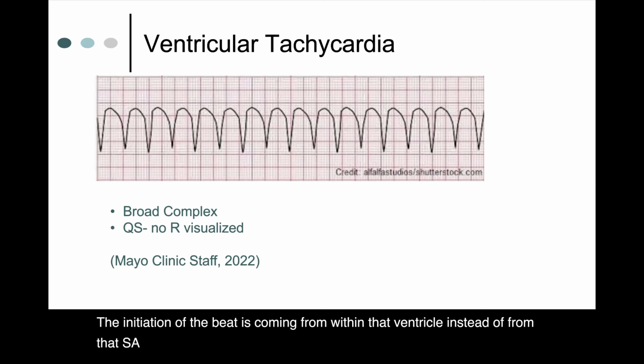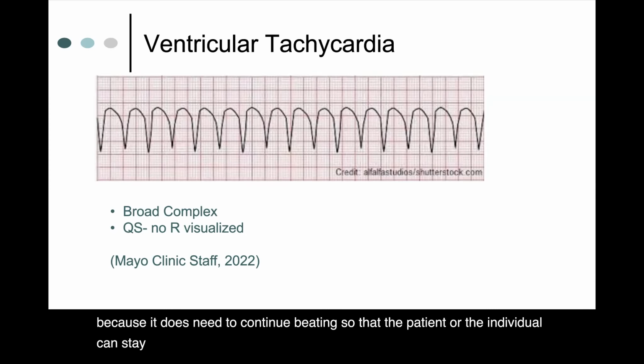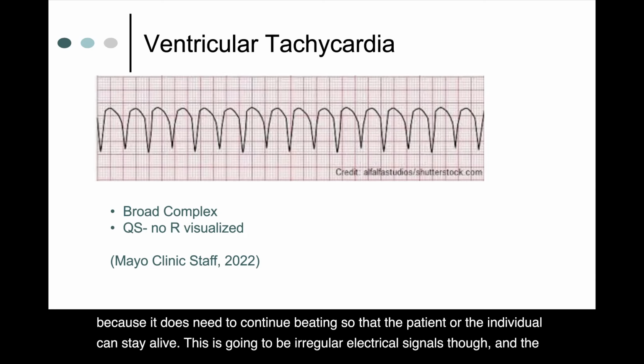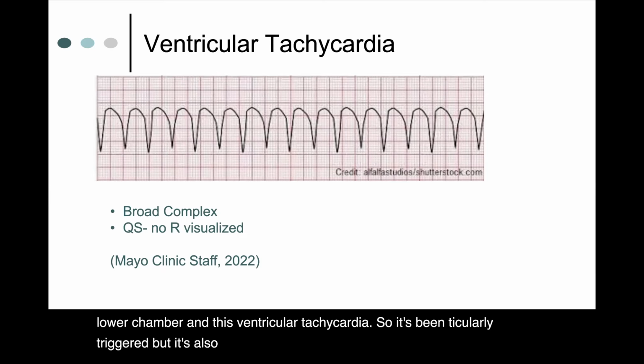So the ventricular tissue is going to generate its own signal because it does need to continue beating so that the patient or the individual can stay alive. This is going to be irregular electrical signals though in the lower chamber. And this ventricular tachycardia, so it's ventricularly triggered, but it's also a very high heart rate.